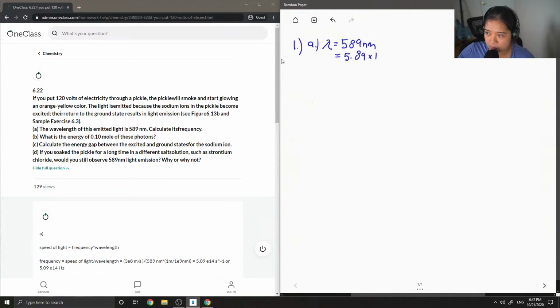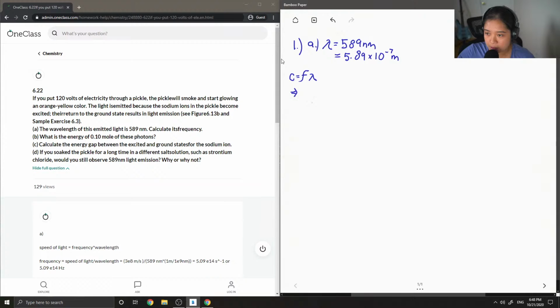So it becomes 5.89 times 10 to the negative 7 meters. And the reason I did that is because I'm going to use this equation to calculate for frequency. C equals frequency times wavelength, where C is the speed of light.